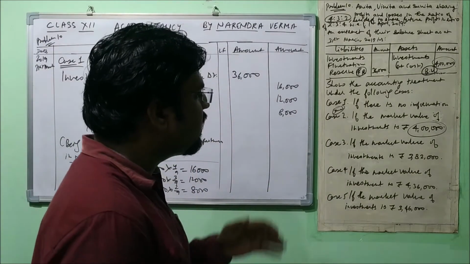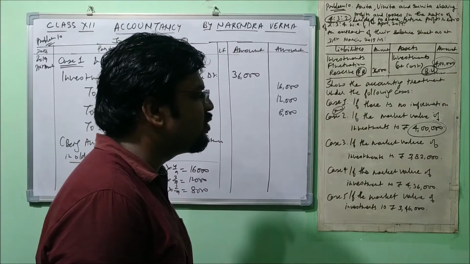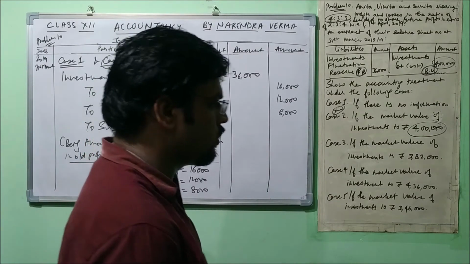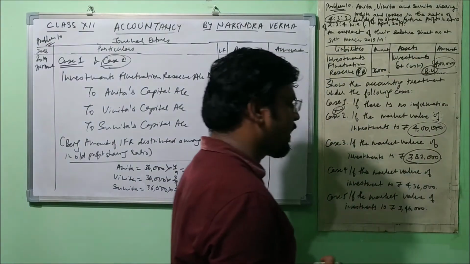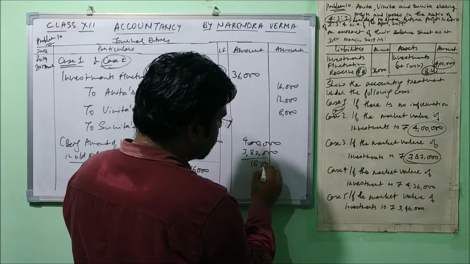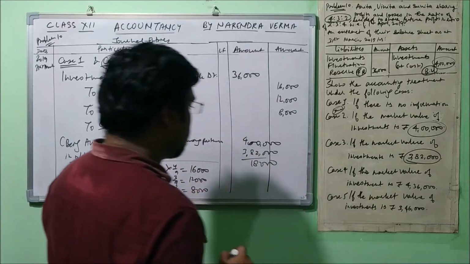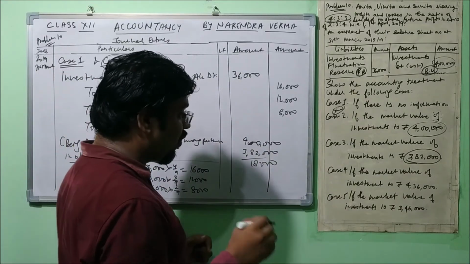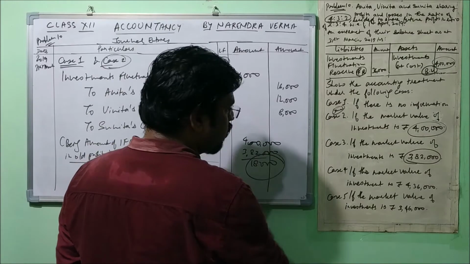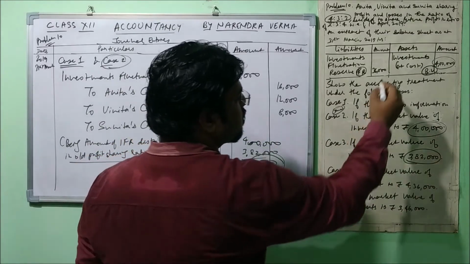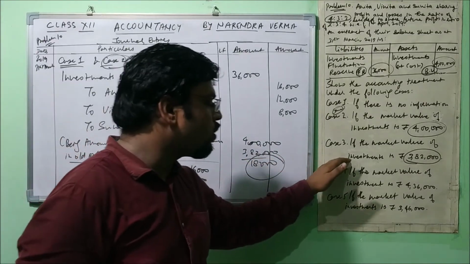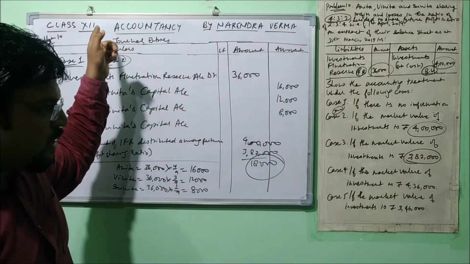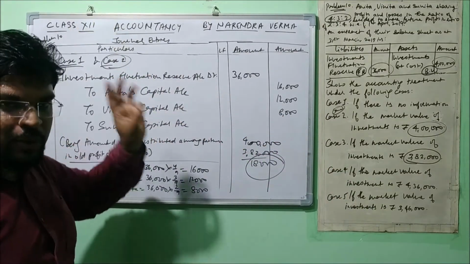Case 3 says that if the market value of investment is rupees 3,82,000. Now 3,82,000 is less than 4 lakh, by 18,000, right? So there is a fall in the value of investment of 18,000, and for compensating that, we have 36,000. This case belongs to the second category I explained to you, which had 3 possibilities.